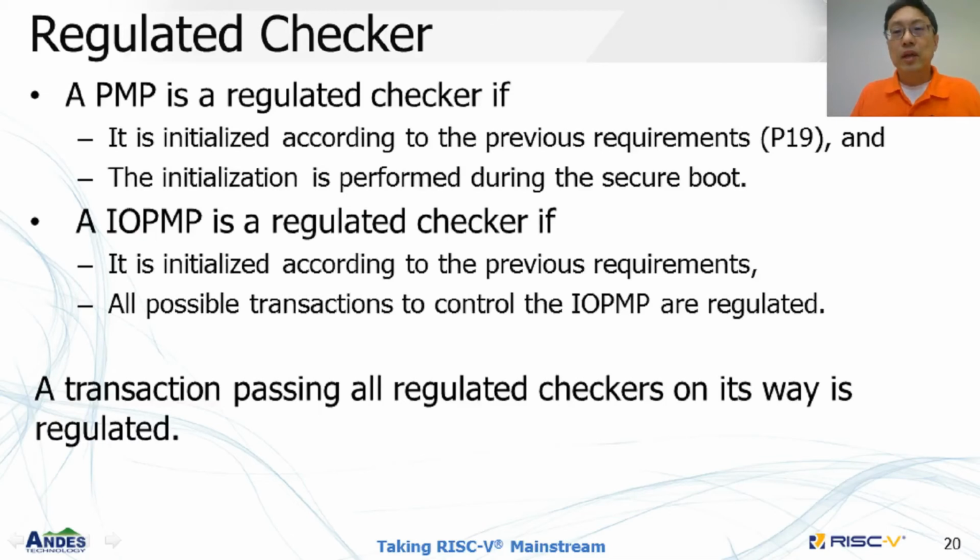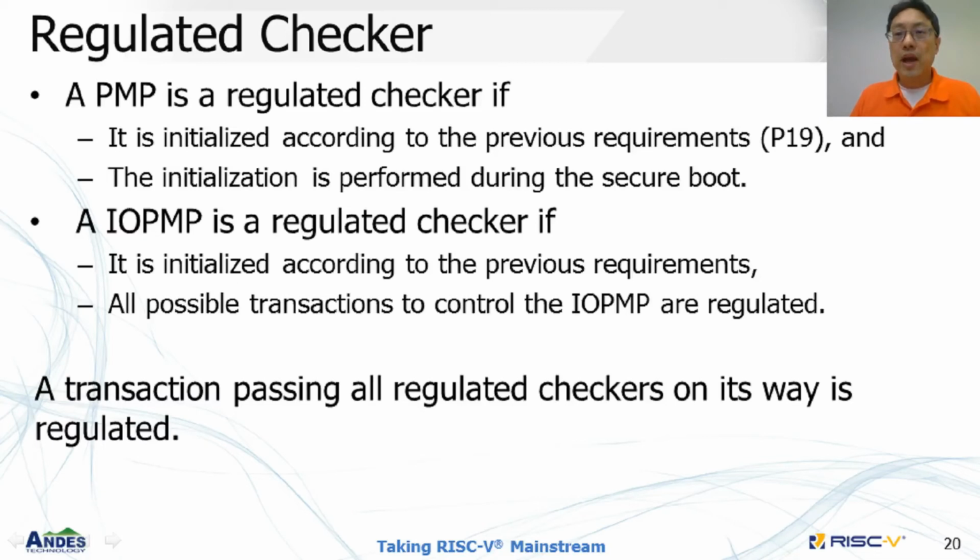And then we trust the transactions issued from the hart, and the PMP is regulated. To be more precise, we should ensure a RISC-V hart that wants to be regulated has booted up from trusted code that is a part of secure boot. Otherwise, even the programs in M-mode are not considered trusted.